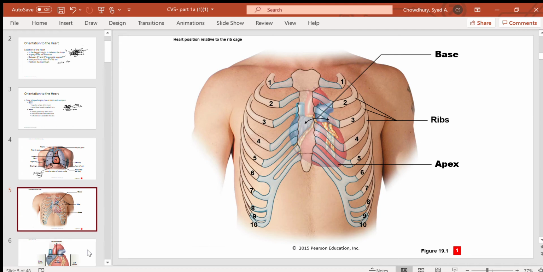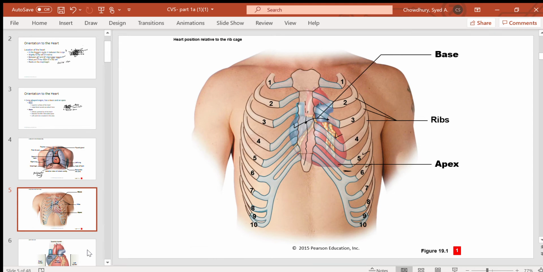Here you see, if I draw the midline, this is the sternum, right? So you see most part is in the left side, only small part is in the right side of the thoracic cavity. And this is the fifth intercostal space, you see, between fifth rib and sixth rib.